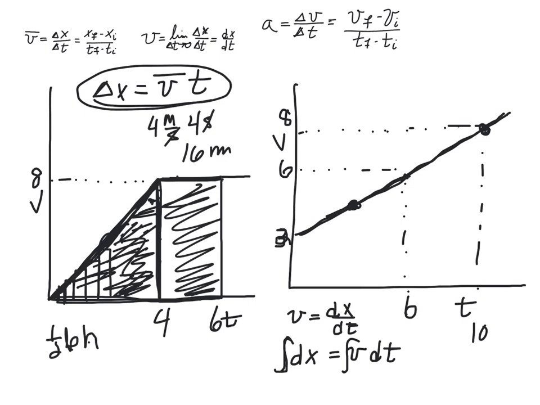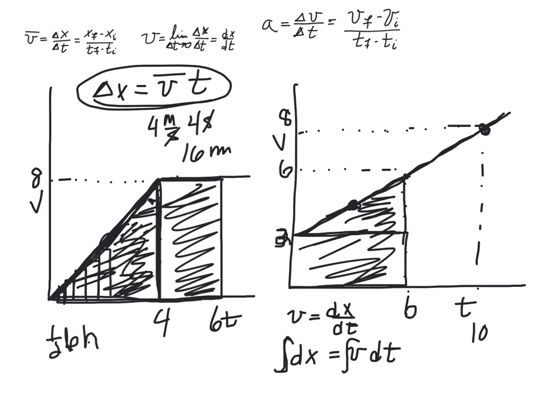So if we take the average velocity of 4 over a period of 6 seconds, we would get that it covered a distance of 24 meters, and that would be the area under the curve. You'd have to break it into a triangle and a square and add those areas.